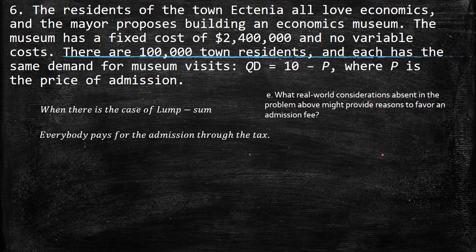It doesn't matter if you go once or twice, so it could be a problem. But instead, with the second plan, just the people who really want to go will be charged. So this could be the real world consideration, because those who don't go at all to the museum will complain.